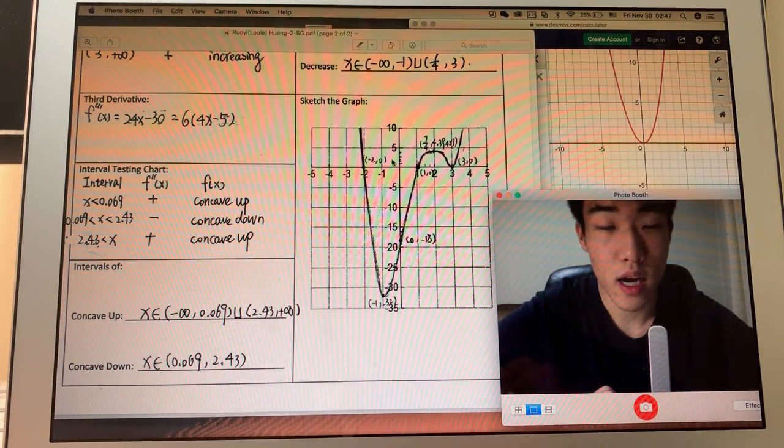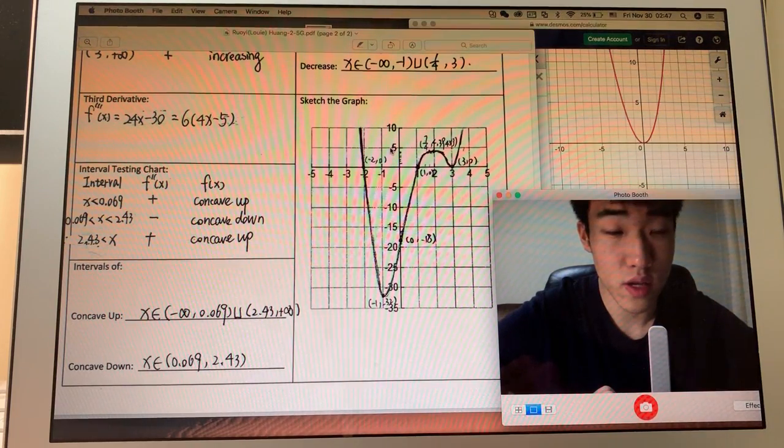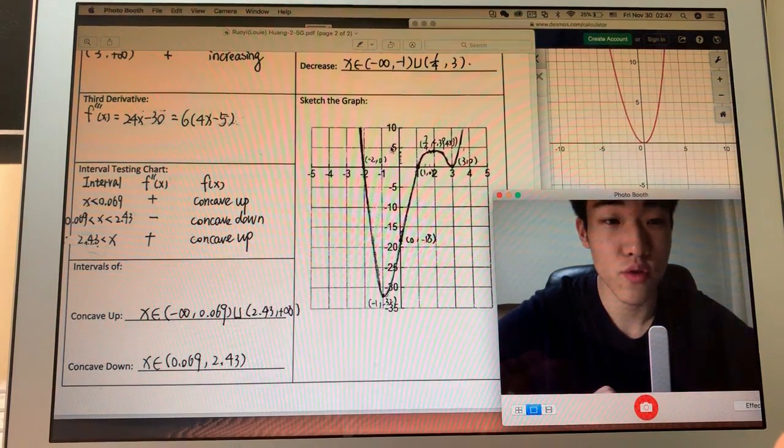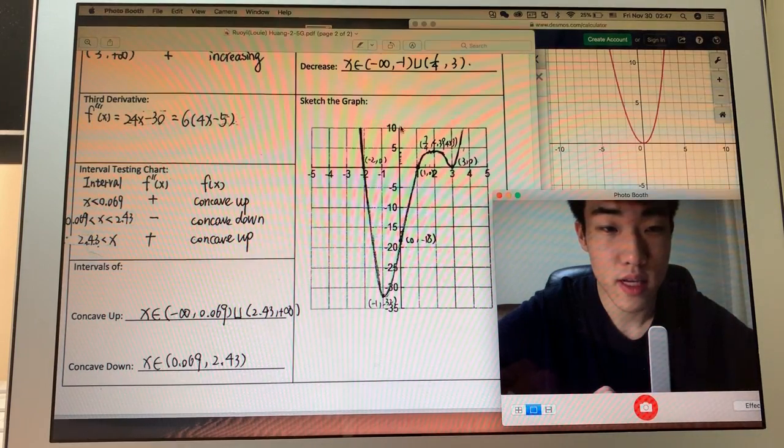And we can use all these things we just figured out to graph it. First and foremost are the intercepts. We have the x-intercepts and y-intercept listed before, and they help us to graph.